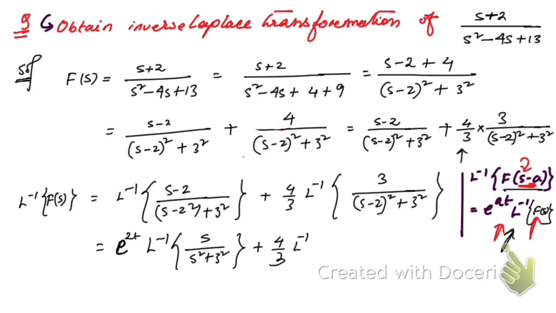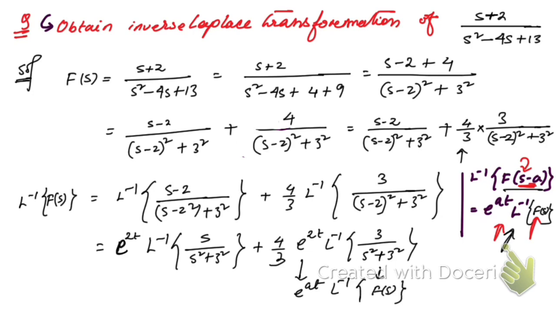So that's also going to be equal to e to the power 2t times the inverse Laplace transformation of 3 by s square plus 3 square, right? So this is now in this form. This is e to the power at times the inverse Laplace transformation, and this is F of s, right? Now in this form. So hope you have understood this, right?